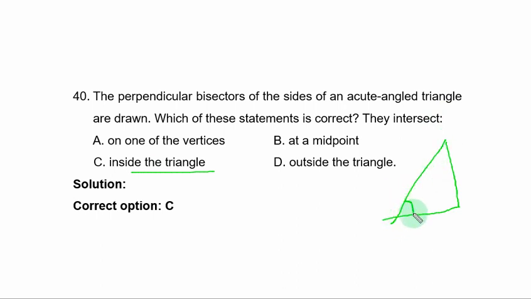This angle is less than 90 and this angle is less than 90. Another one is here. So if you bisect this angle and you bisect this angle, they are meeting at the center inside the triangle. So C is the correct option.